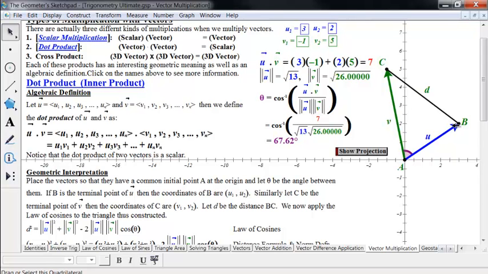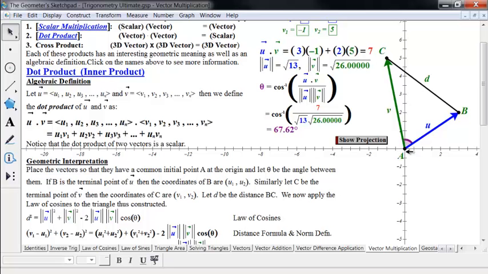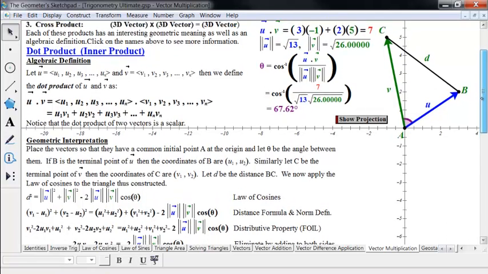I'm going to complete the triangle by drawing the other side and let its length be called d. Now let's finish labeling: initial point A, final point B for vector u, and then vector v goes A to C, then d is the distance from B to C.